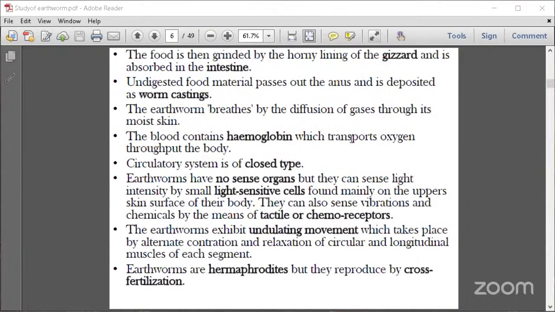Before going to the internal parts, what is the role of earthworms in ecology and the ecosystem?